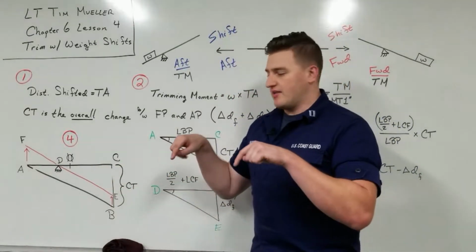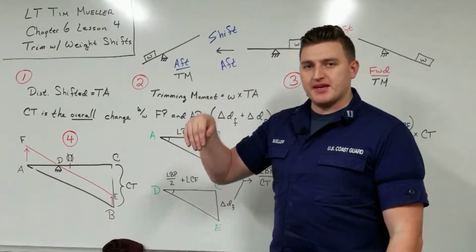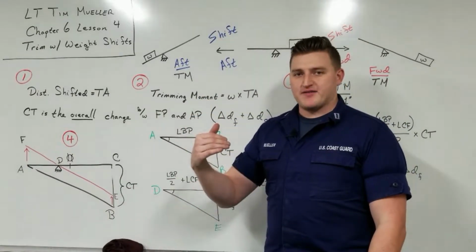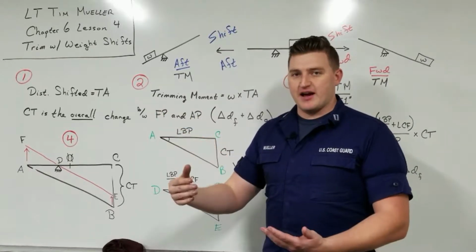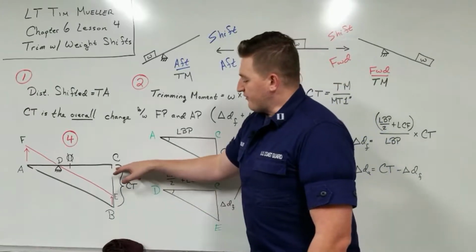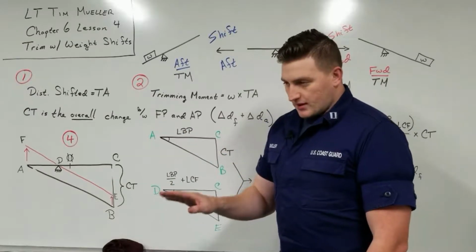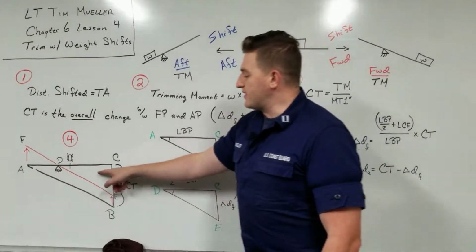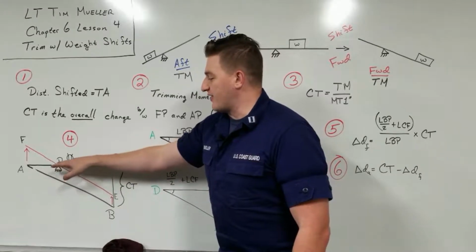We say down is positive because as a ship gets deeper, its drafts increase. If we go from 11 to 12 feet of draft, the ship is sinking 1 foot. If the forward end dips down, the aft end has to pop up, and we see that right here around the LCF.